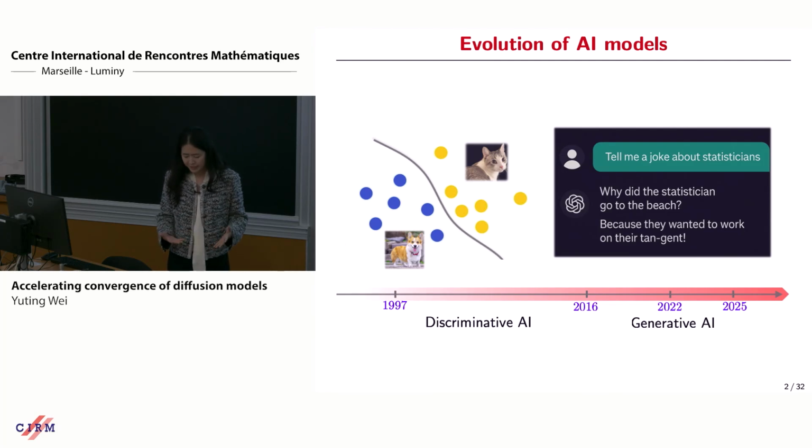By discriminative AI, I mean that the main goal is to do classification and make predictions upon seeing a new data sample, whereas for generative AI, the goal is to generate new data or new instances.